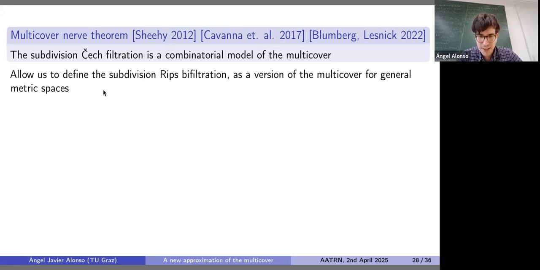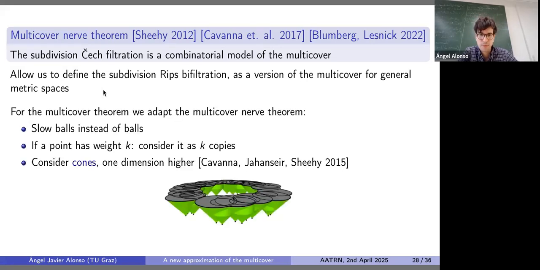Yes, so now how do we extend this to our version of the multicover? Well, we just adapt it. Instead of balls, we are going to consider slow balls, these things that we have seen. Now remember that we have weights, so we can just consider in this theorem a ball of weight k as just k copies of the same ball.